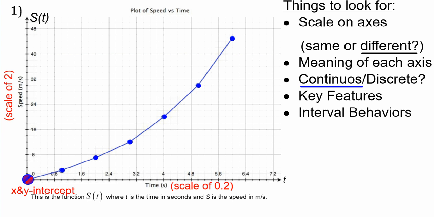And then we also want to talk about any interval behaviors. We label things with pluses if it's increasing, minuses if it's decreasing, and a C or a 0 if it's constant, because those will probably come into play in some questions in the analysis. As x's increase, what are the y's, the outputs, doing? They're increasing as well, so we could put a plus mark to show that it's an increasing function.